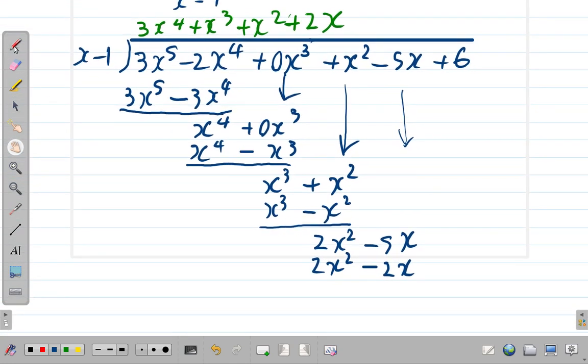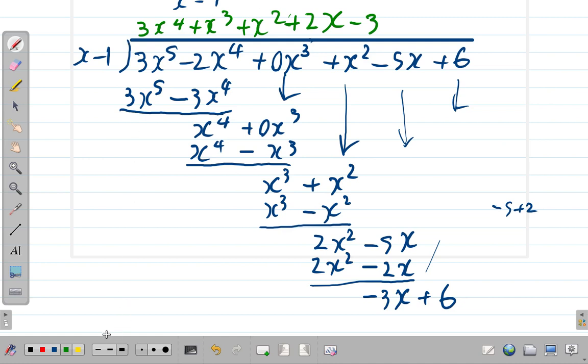So then, we continue. We subtract these. 2x squared minus itself, that's gone. Negative 5x minus negative 2x. Negative 5 plus 2 is what it is going to become. So it's a negative 3. So it's minus 3x. Bring down our plus 6. x into negative 3x will be negative 3.